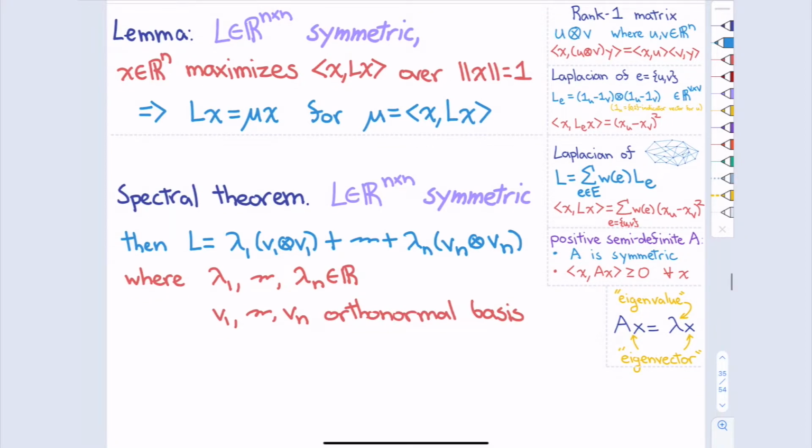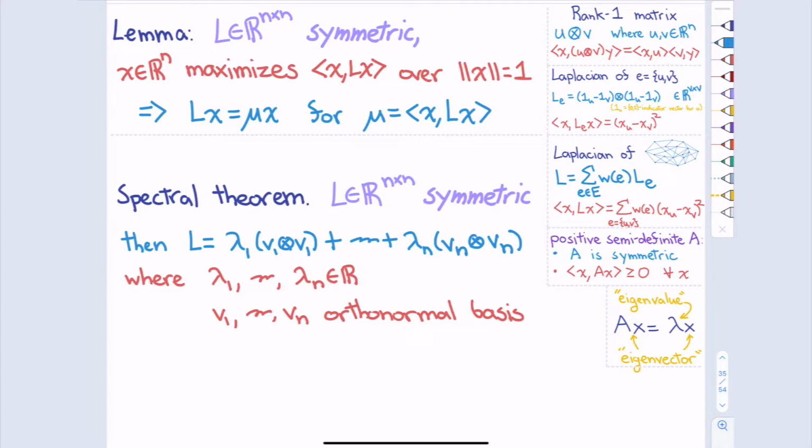So it's going to lead to this theorem, which is even stronger. It's called the spectral theorem for symmetric matrices. We just showed how to get one eigenvalue and one eigenvector. But now look at this.